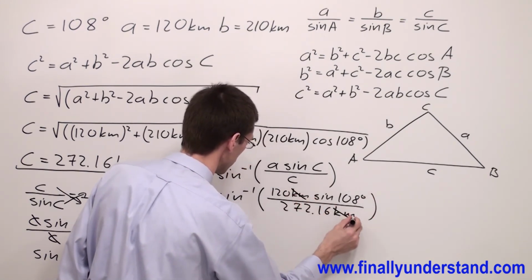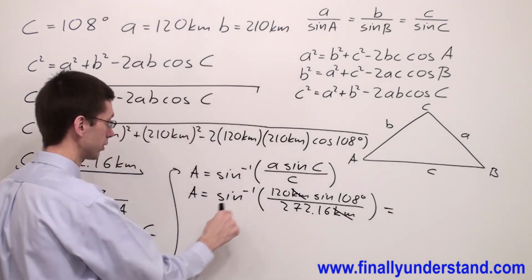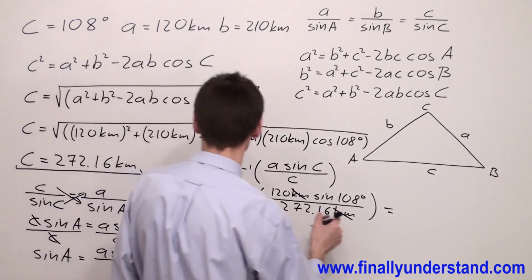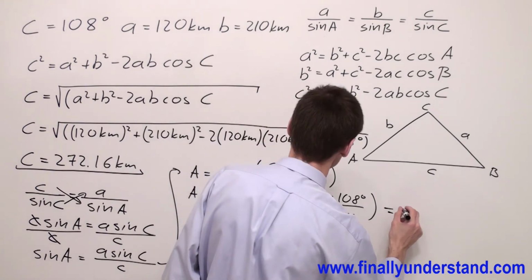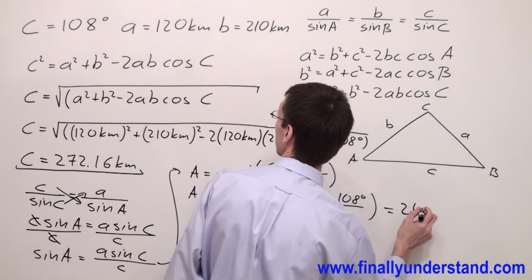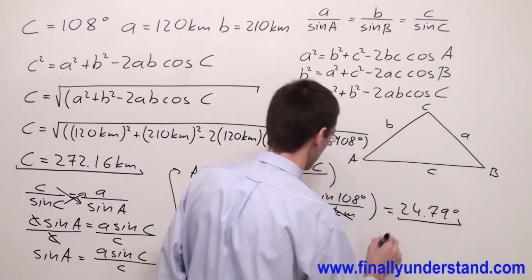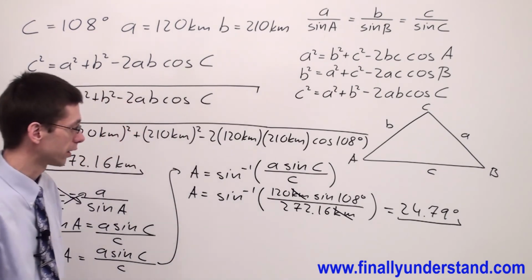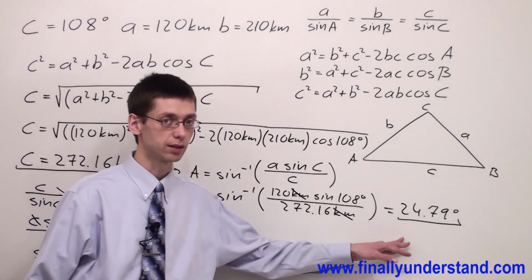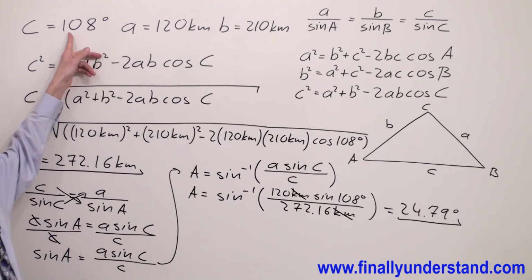Kilometer and kilometer will cancel out. Again, you're supposed to use the calculator, and you will get angle A equal to 24.79 degrees. And this is an acute angle. So it makes sense because we have already an obtuse angle.